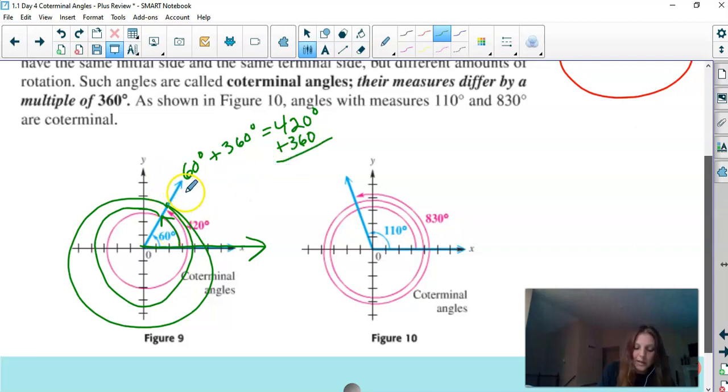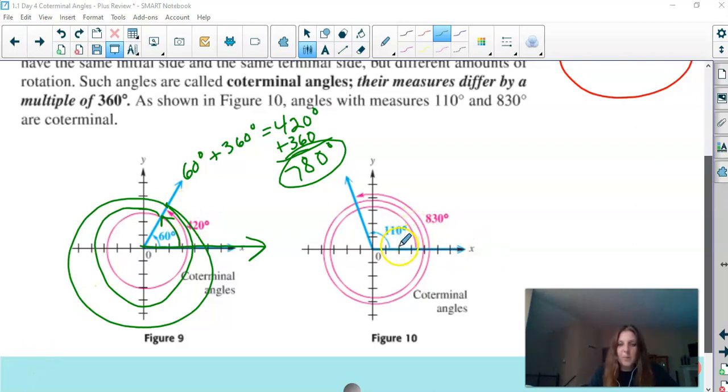Your answer is sitting in the same position, but now you are talking about an angle that is 780, and so on. And you can continue rotating around and around. All of these angles with this measure, 60, 420, 780, and so on, are considered coterminal because their angle actually sits in the same position, but it depends on how many times you've rotated in order to name it.